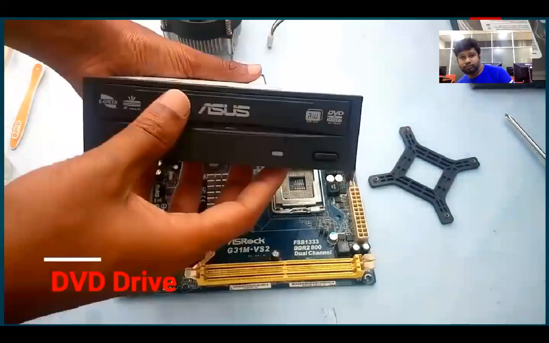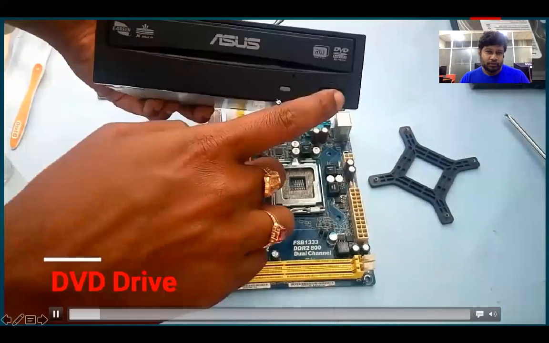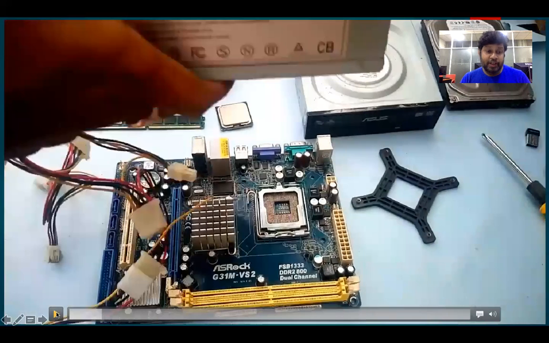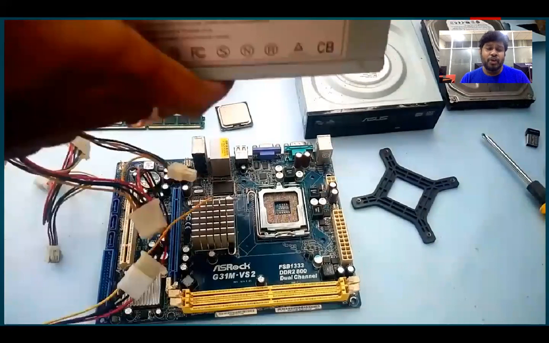The cooling fan and the DVD drive. Why do you have a cooling fan? Because the processor makes much heat, and to cool it down, the cooling fan is there. The processor is similar to your brain, right?